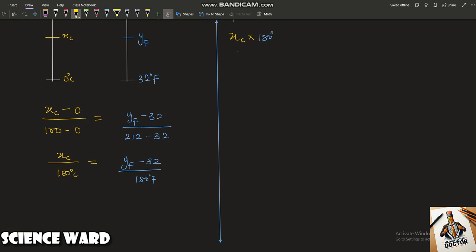So 180 degrees Fahrenheit times Xc should be equal to 100 degrees Celsius multiplied by a bracket, and that is going to be YF minus 32.